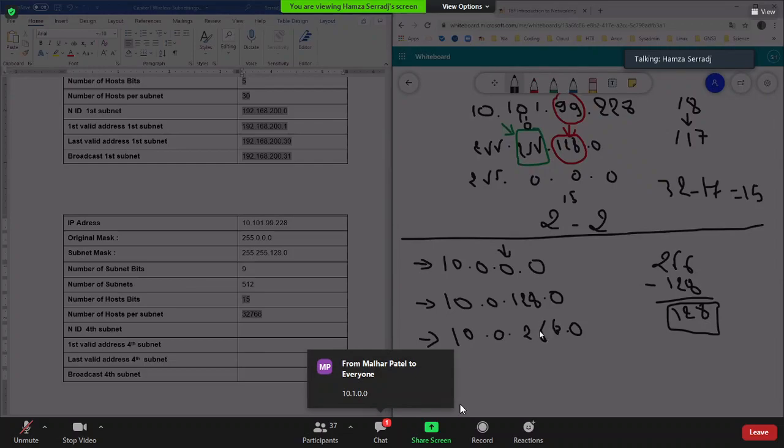So if I get bigger than 255, I need to increment this one here to 1, and this one will be 0. Because if I add on the third position another 128, I will end up with 0 here and 1 here.